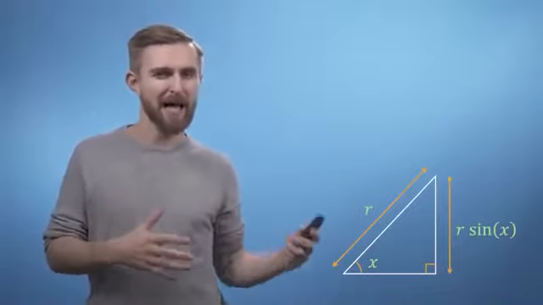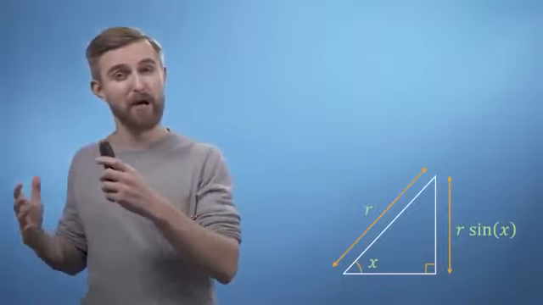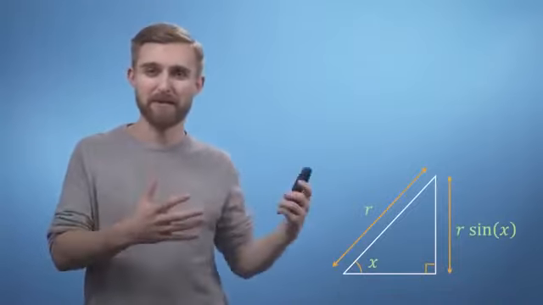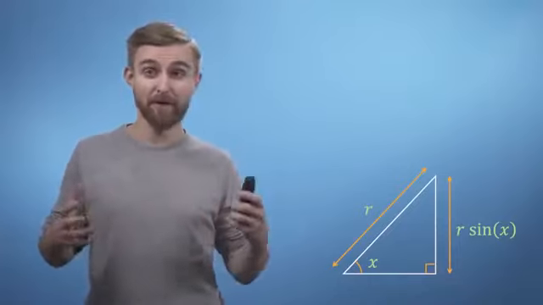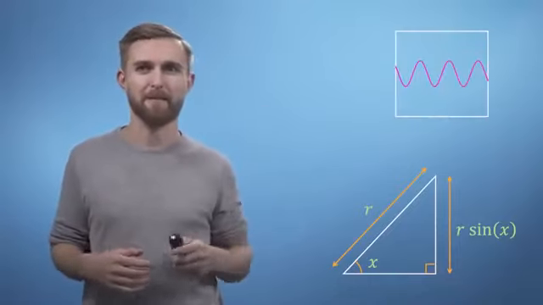The last special case functions that we're going to talk about in this video are the trigonometric functions, sine and cosine. You may recall that for a right-angled triangle, sine of angle x multiplied by the hypotenuse r gives you the length of the opposite side to the angle. And the graph of sine x looks like this.